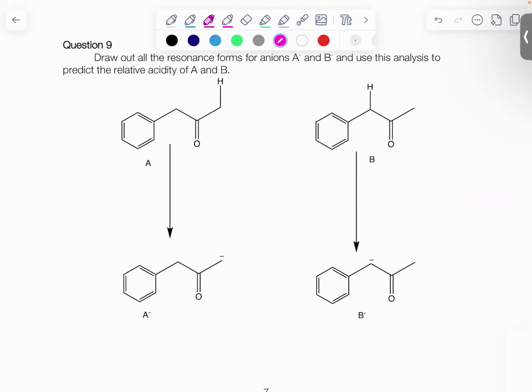So we just did resonance questions. Does anyone feel confident enough to do A or B?